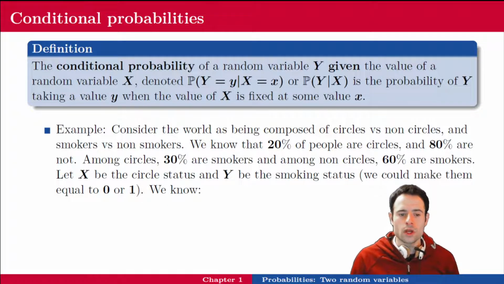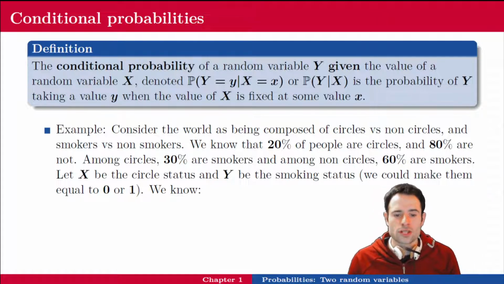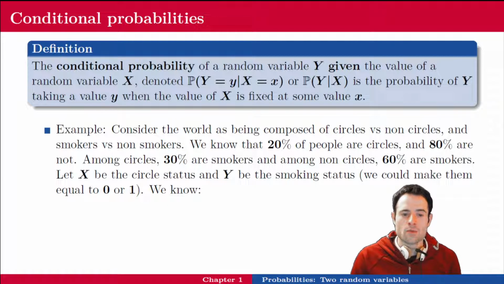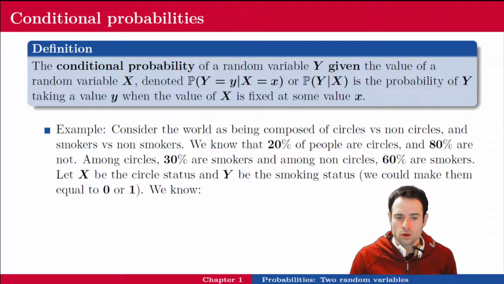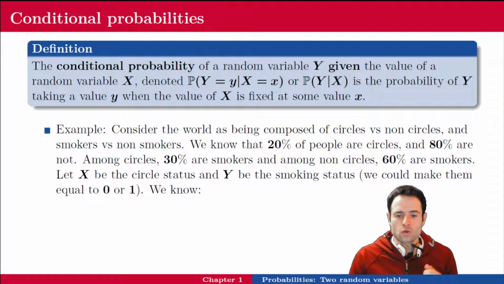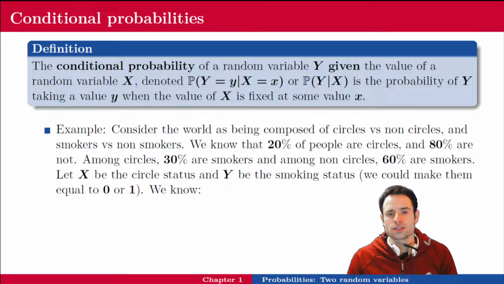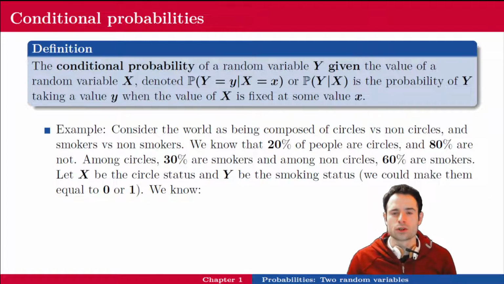Now, what we know is that among circles, 30% are smokers, and among non-circles, 60% are smokers. Imagine that x is the circle status, 1 if somebody is a circle, and 0 if somebody is not a circle, and y is going to be the smoking status, 1 if somebody is a smoker, 0 if somebody is not a smoker.